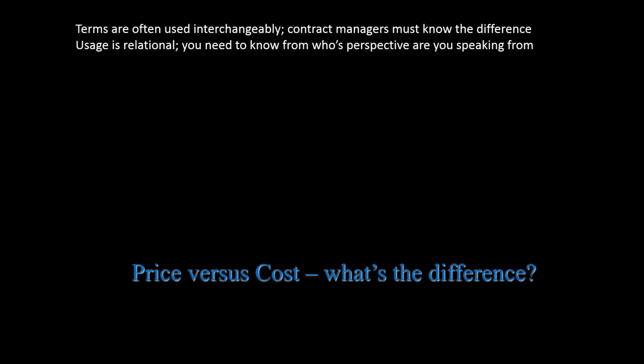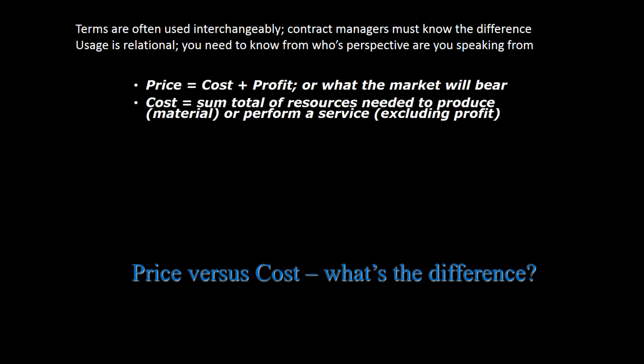Let's define price for a moment. The basic formula for price is cost plus profit, or what the market will bear. Price to the government or any other buyer is the financial outlay which is made to pay for a product or service.